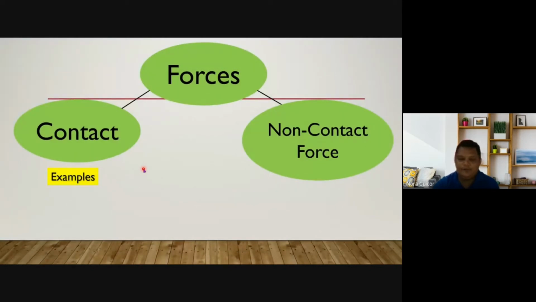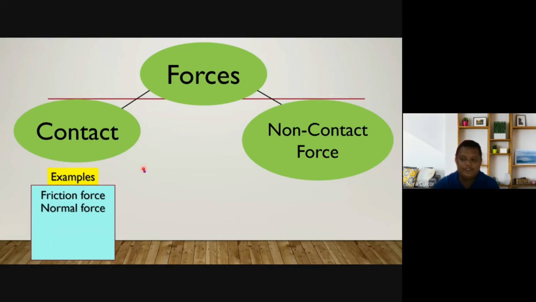Examples of contact force are friction force, normal force, tension force, drag force, and spring force. These are the examples of contact force. Okay.